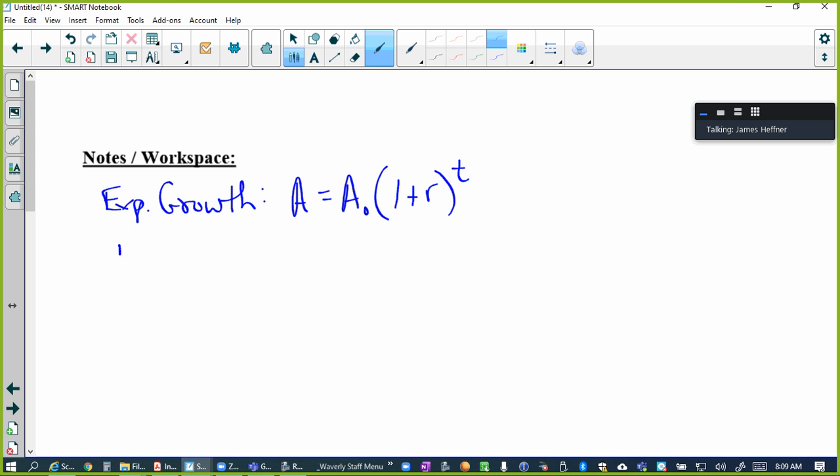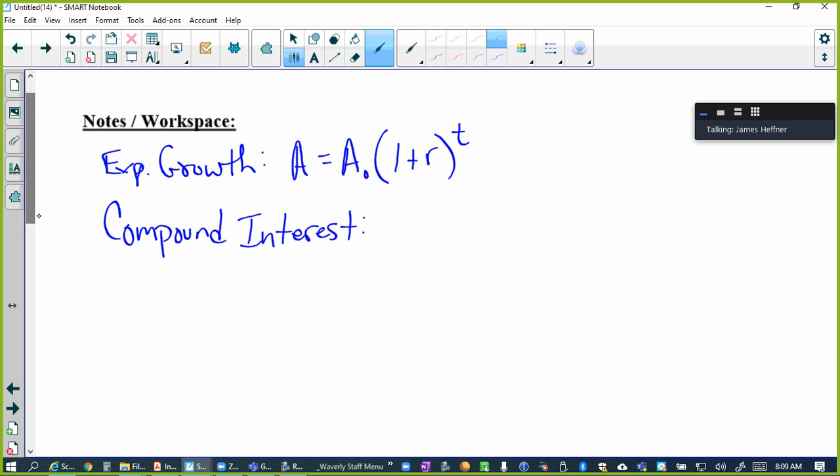So for compound interest, it's not wildly different. It's going to look like this. A equals P. Now, P stands for principal, right? That's like the initial amount you put into, so like a savings account or a CD or something like that, times 1 plus, and here's a slight little difference, R divided by N to the NT.